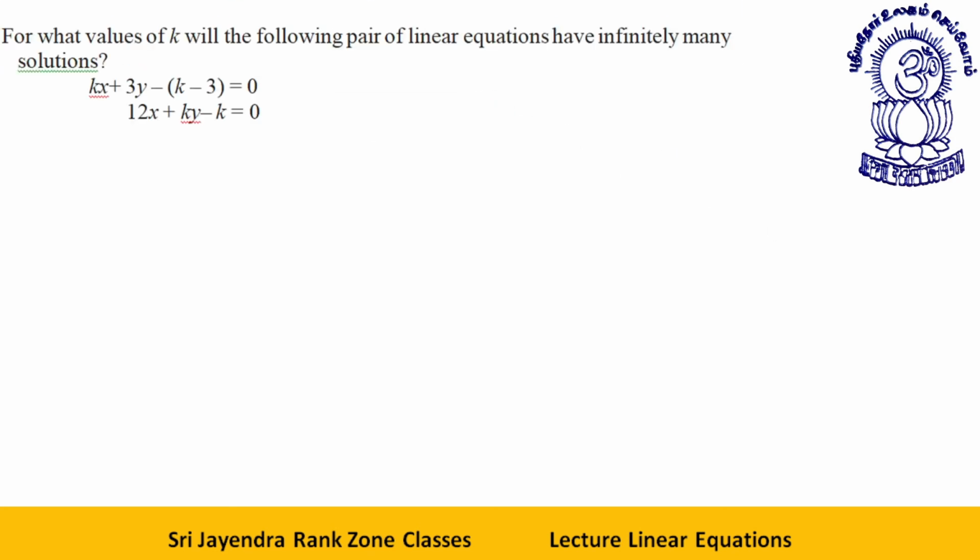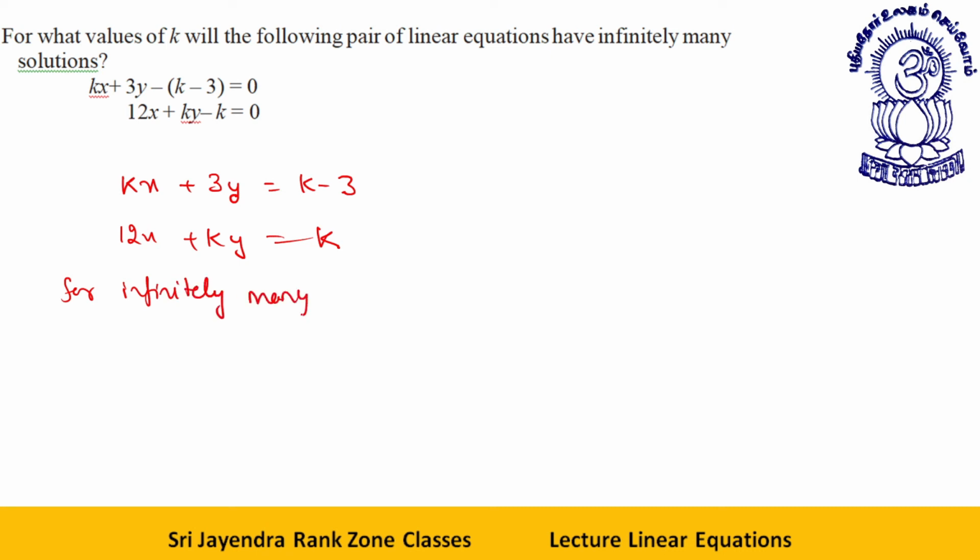For what value of k will the following pair of linear equations have infinitely many solutions? We have kx plus 3y is equal to k minus 3, then 12x plus ky is equal to k. For infinitely many solutions, what is the criteria?